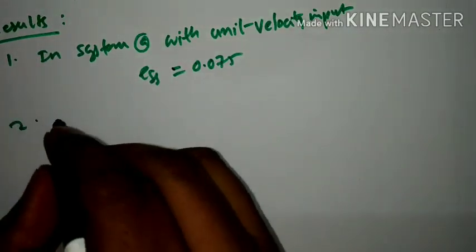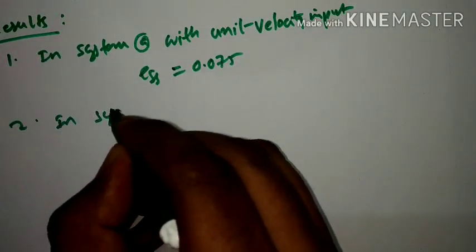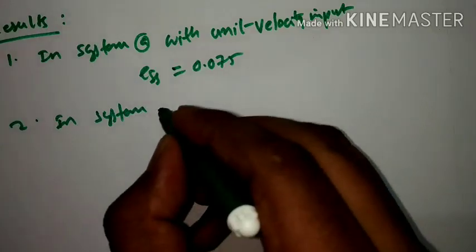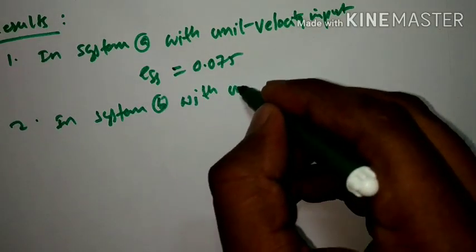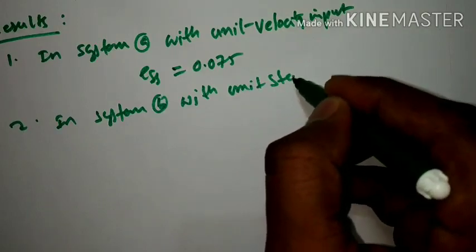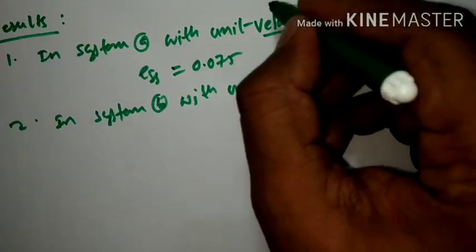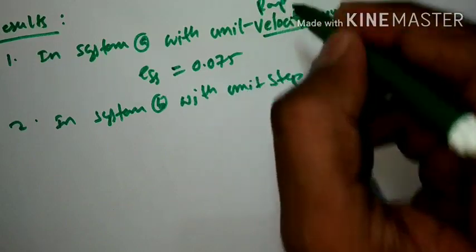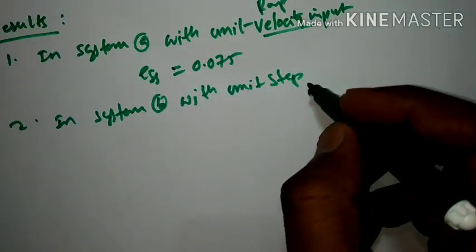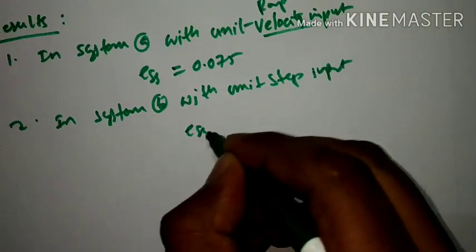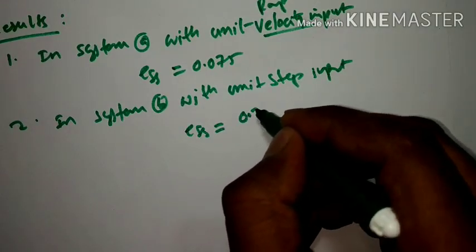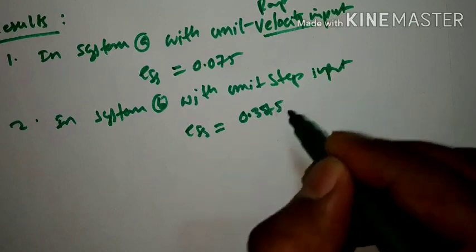Next, in system B, with unit step velocity, meaning here ramp input, your steady state error ESS is equal to 0.375.